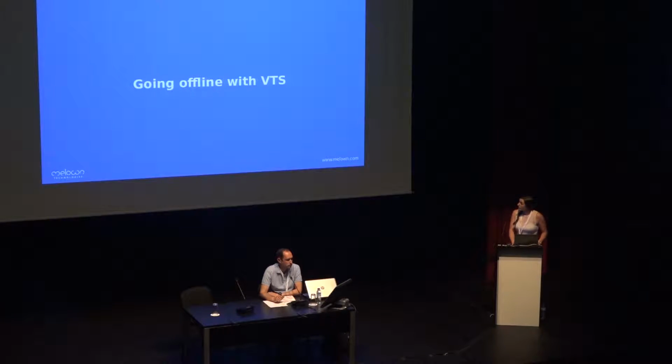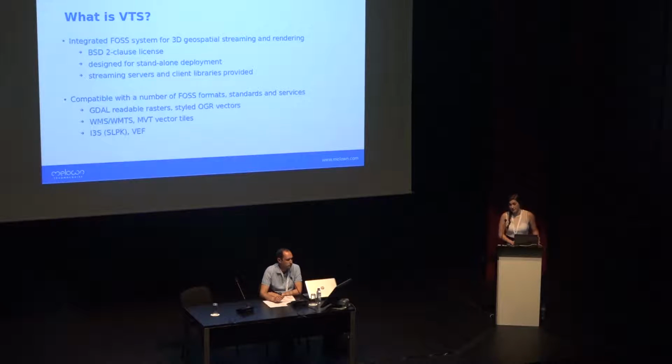First, let's talk about how VTS can help us in offline deployment. You've heard enough about VTS, but for the purposes of this talk, let me shortly remind you that VTS is an integrated FOSS system for 3D geospatial streaming and rendering.